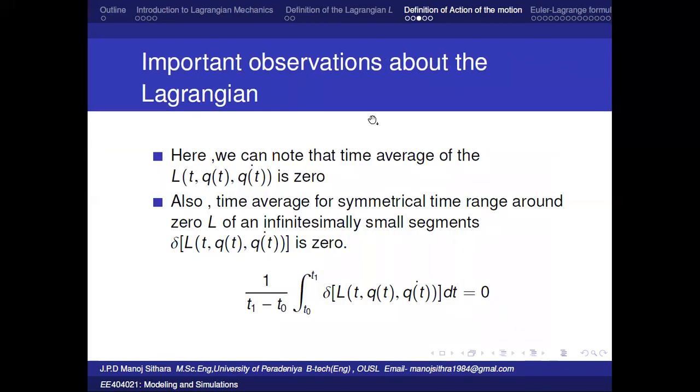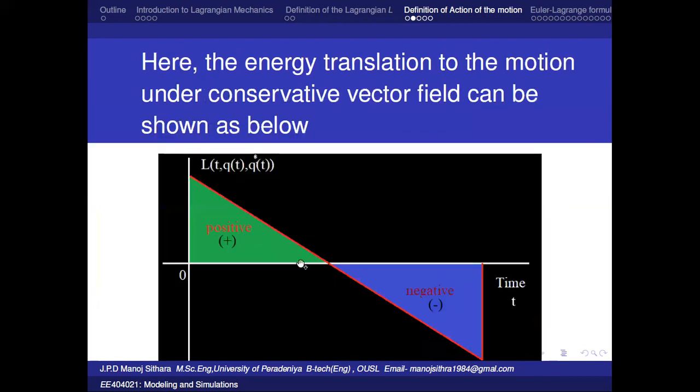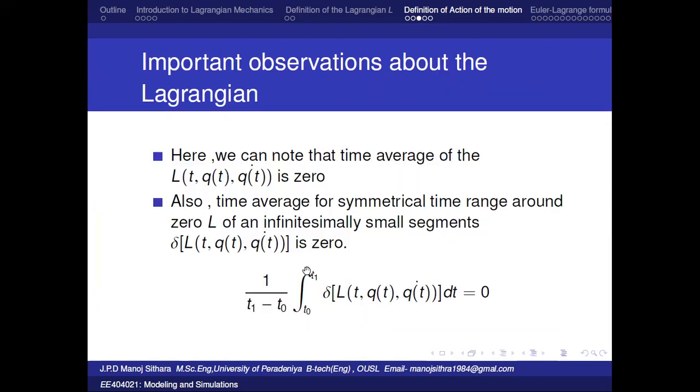So the important observation about the Lagrangian, we can note that the time average of the Lagrangian will be 0, right? Also, the average for the symmetrical time range around the 0 point of the Lagrangian, that means here to here, if we consider the symmetrical time period here to here, the average will be 0, right?